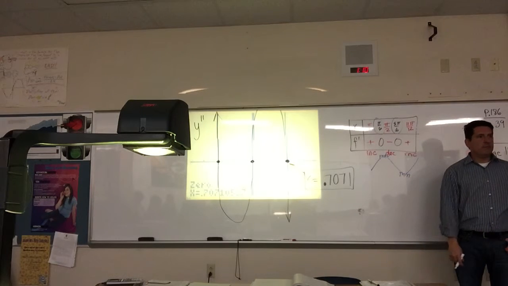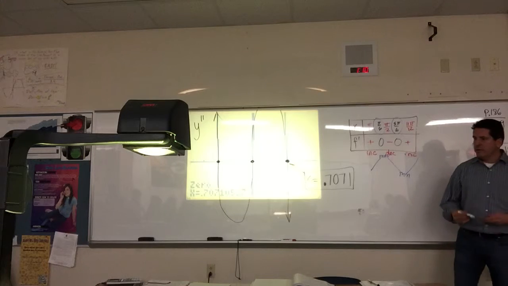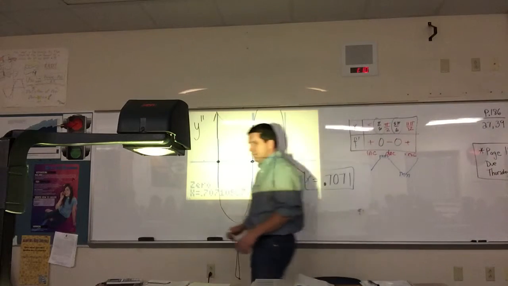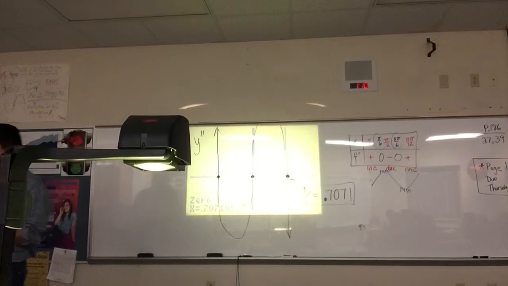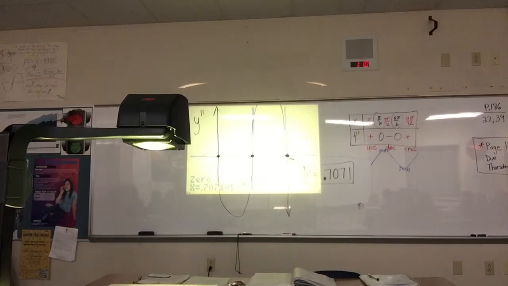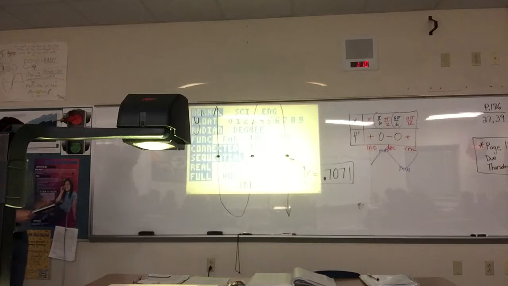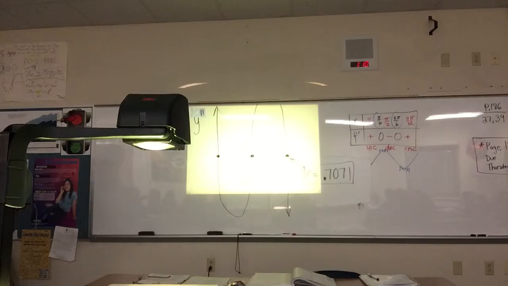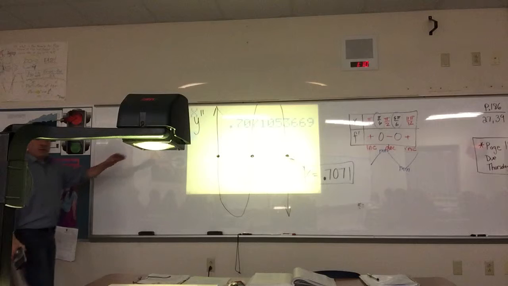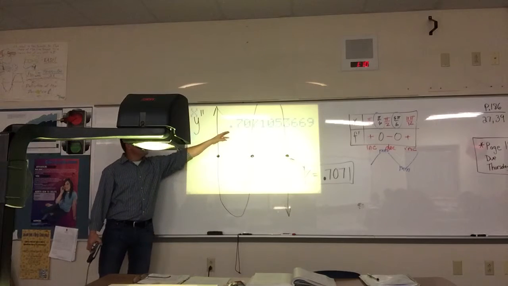We get 0.7071. Now just to test it, that's supposed to be the same as the square root of a half. So I'm going to do a second quit, get out of this, and I'm going to press X. And remember, we found a 0, so that's the value.